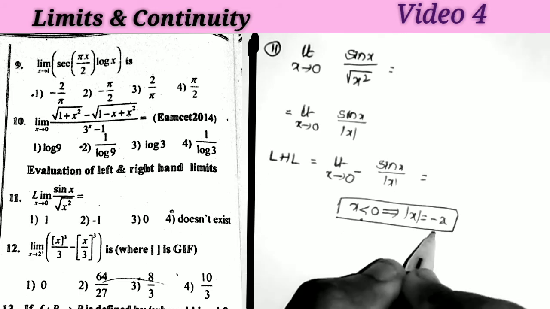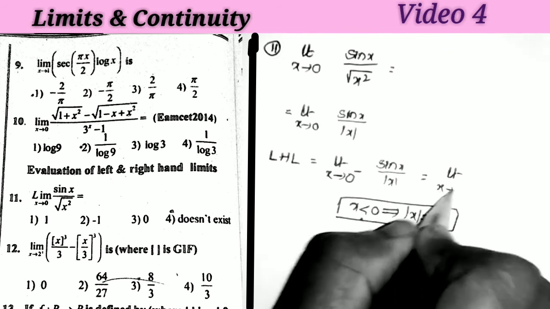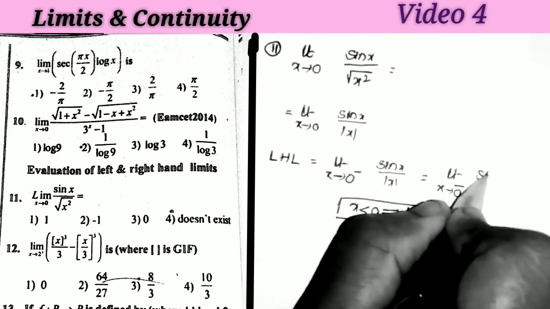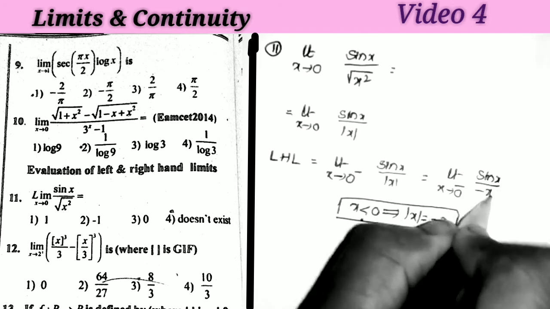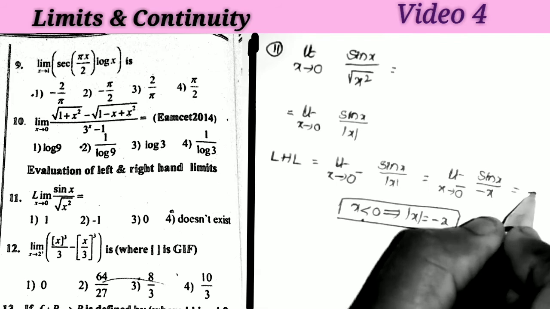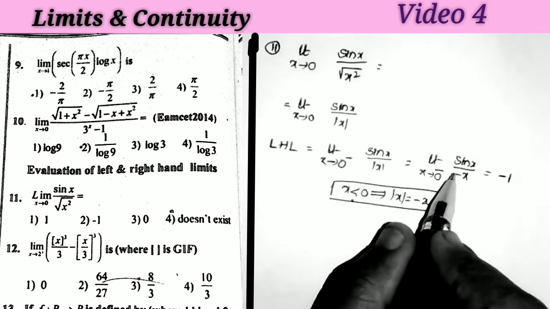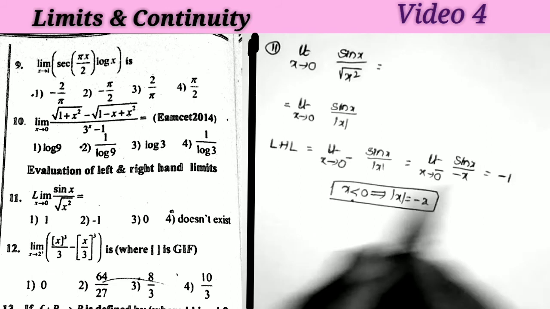Then the value of mod x is equal to minus x. So this is equal to limit x tends to 0 minus of sin x by minus x, and limit x tends to 0 of sin x by x is equal to 1. So this answer is equal to minus 1, because here we have the minus sign.